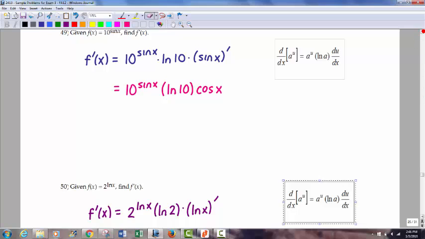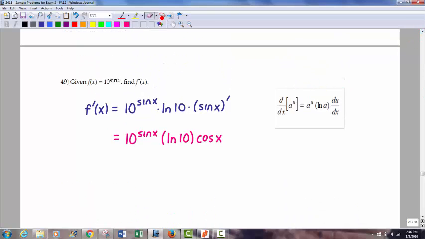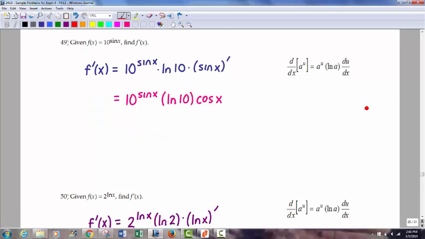Okay. 10 to the sine of x will be, the derivative will be 10 to the sine of x, a to the u, ln of your base, which is 10, and then the derivative of that exponent, sine of x, which is cos of x. And that's really it. So these aren't too complicated, I don't think.